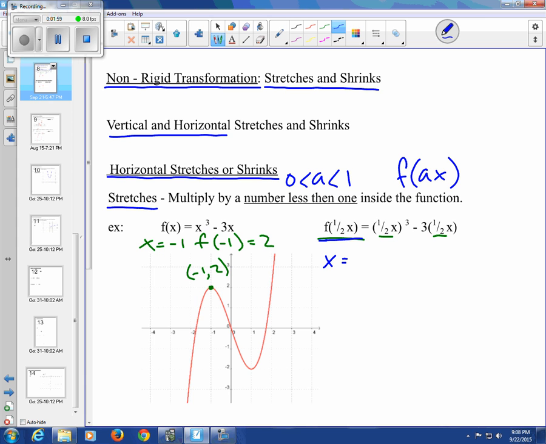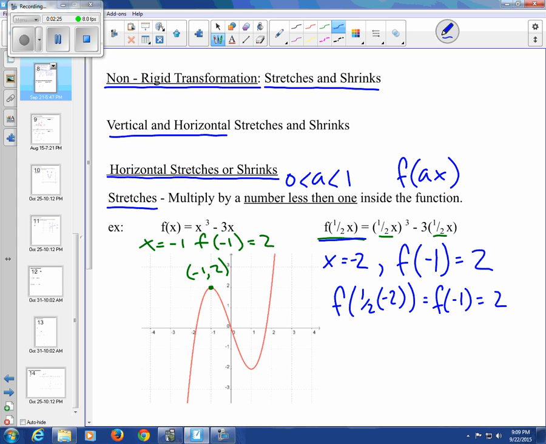So what we could ask ourselves over here is, what x value am I going to have to plug into f of 1/2 x in order for that f to evaluate -1 and give me the max of 2? Well, right here what we can see is we're actually going to have to plug in a -2 into our f of 1/2 x. We get f of 1/2 times -2, giving us f of -1, which gives us the max of 2.